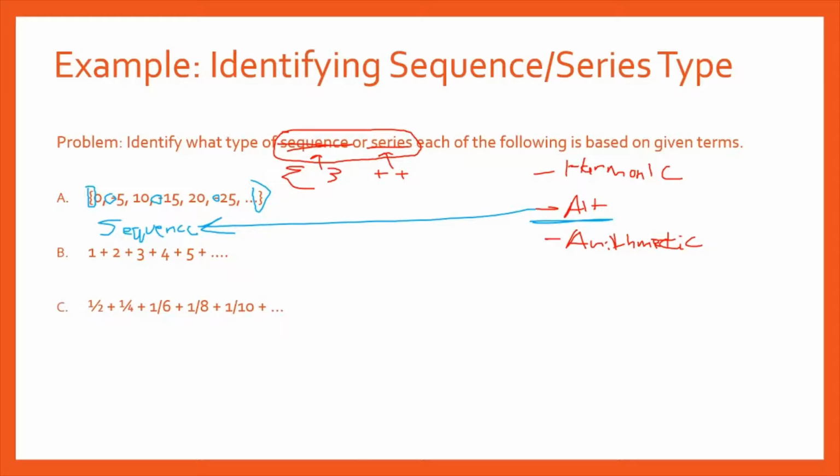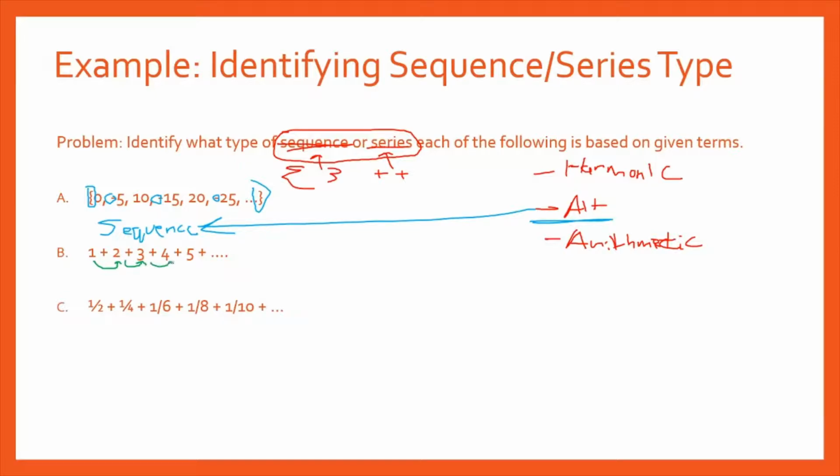So then for the second problem, right here we have 1 plus 2 plus 3 plus 4 plus 5. So the remaining answers we can use for here are harmonic and arithmetic. I think if you want to try to figure out if it's arithmetic or harmonic here, you can start by just looking at this, trying to find if there's a common difference.